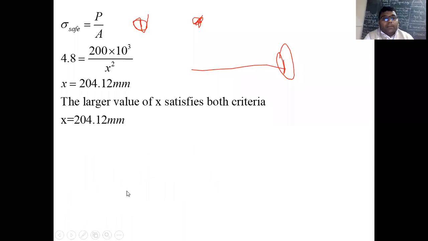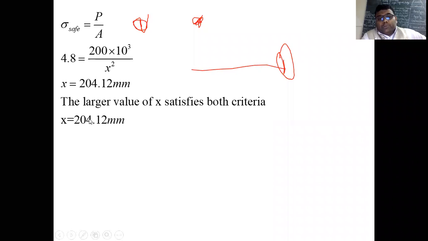Next, we have the P_safe, which we can calculate by P upon A, where P_safe we have now calculated from the actual stress induced in that column, that is 4.8. And 4.8, we know the value of P is 200 kilonewton upon x square, the cross section of that beam. And again, you have to take whichever is the larger value. So you have to take the larger value of both that comes in the second criteria, that will satisfy the question, or it's also one kind of validation.